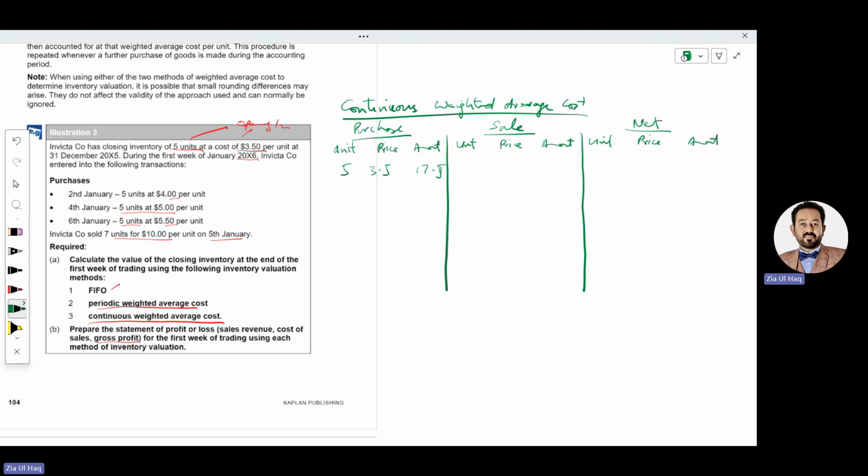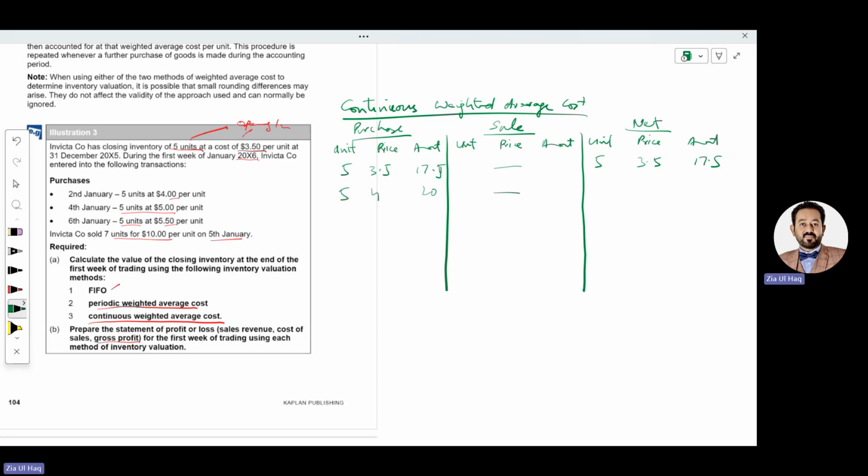And there is no sale. So it will be 5, 3.5, 17.5. Next, we bought 5 units for 4, so 20. So there will be no sale.